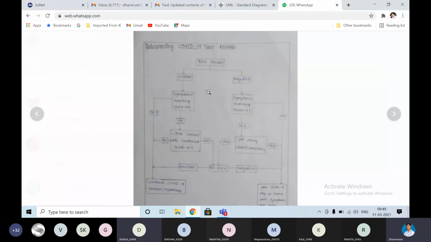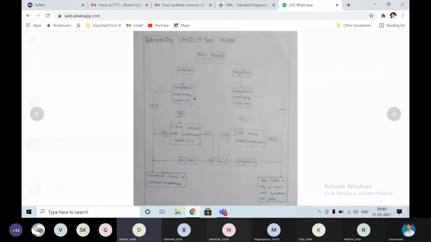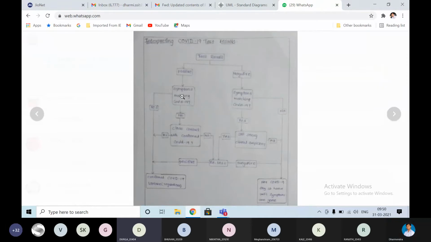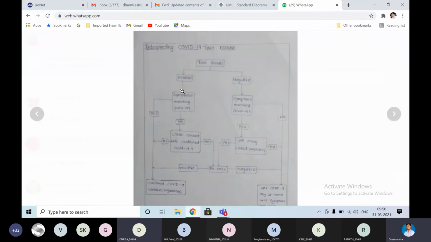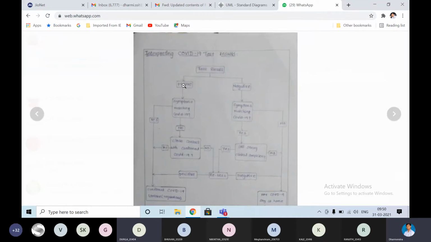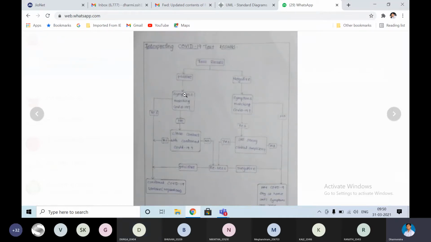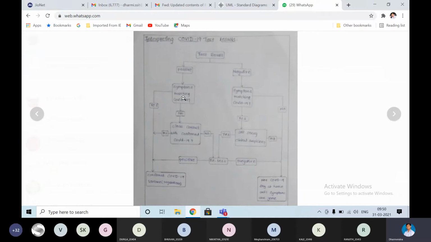If symptoms are there, we want to check the COVID test result. If it is positive, then it is COVID-19. If it is negative, there is no COVID-19. Here you are going with the test result. If it is positive, then you are looking for symptoms.